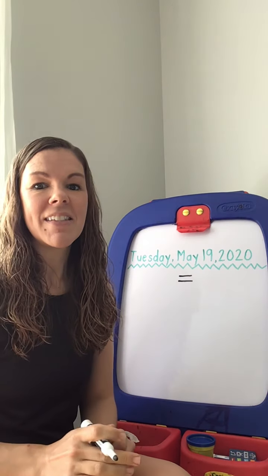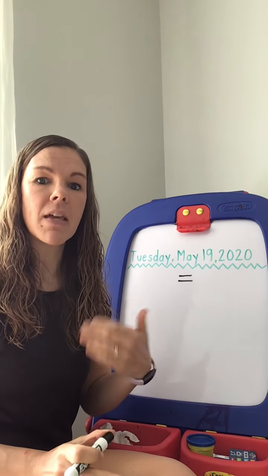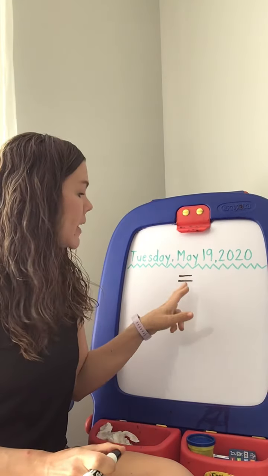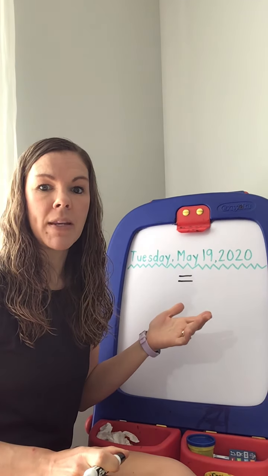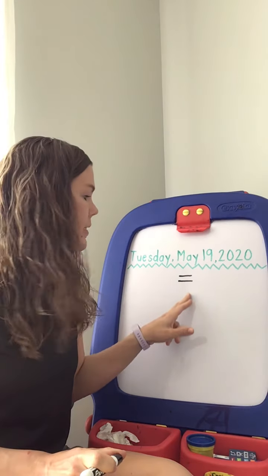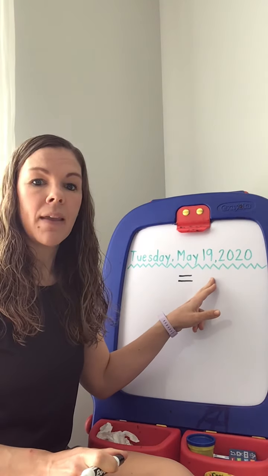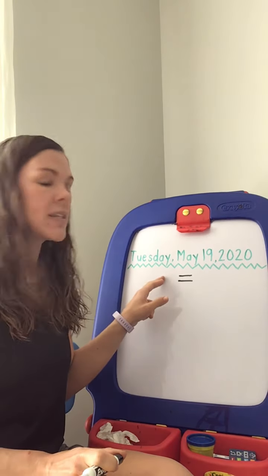This is an equal sign, which I know you guys know, but we have to think about what it means. So an equal sign is placed in an equation or in between equations or between numbers, and it just represents that whatever is on this side is the same amount as what is on this side.